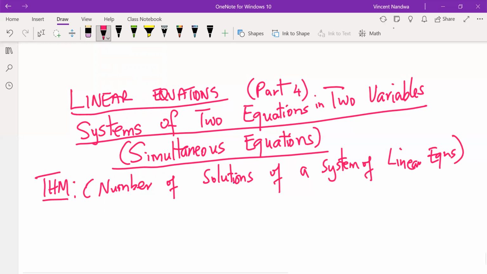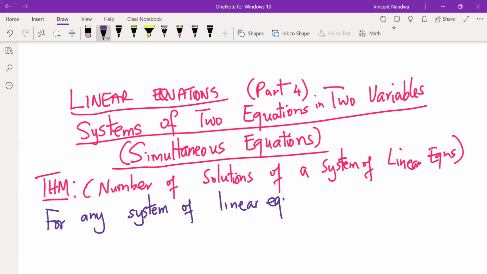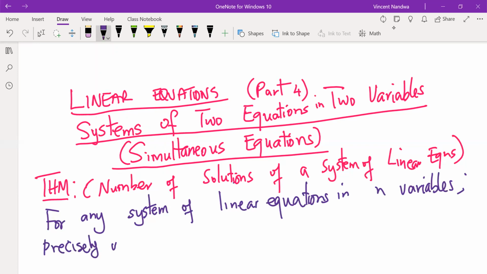So for any system of linear equations in n variables, precisely one of the following is true.